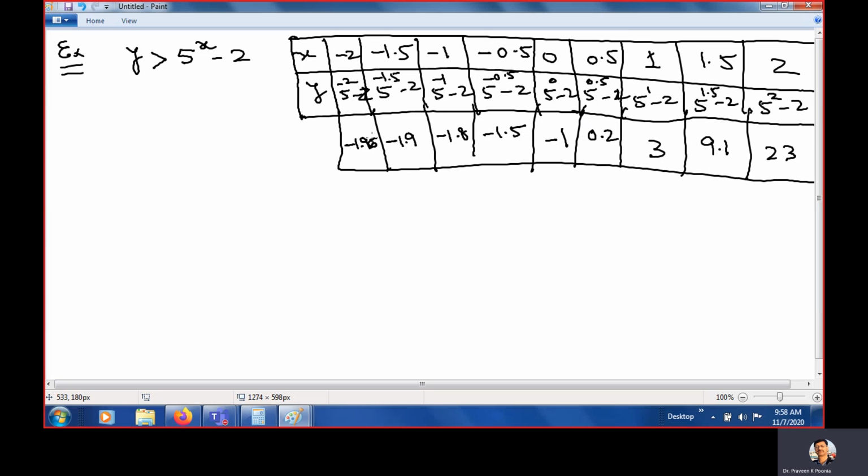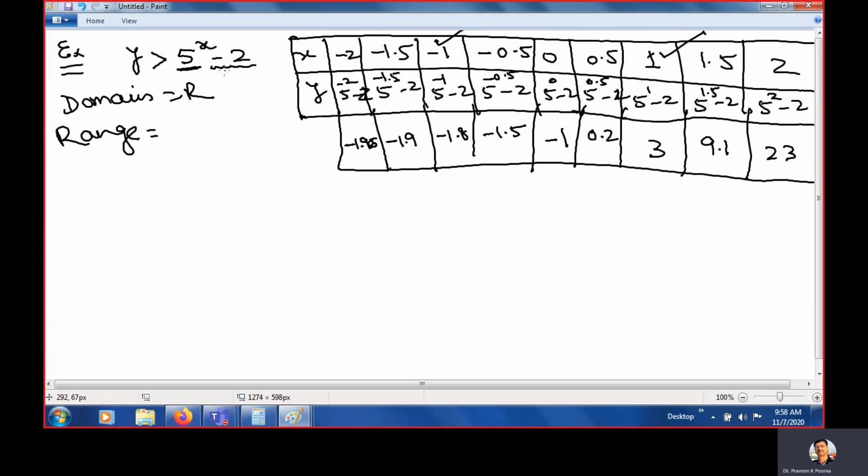So if you see here, one thing I want to tell you: this function is different. We are subtracting 2. Clear? So the domain will be R, no doubt, if somebody asks you, because the values exist on the positive side as well as on the negative side. But the range is a little different here.